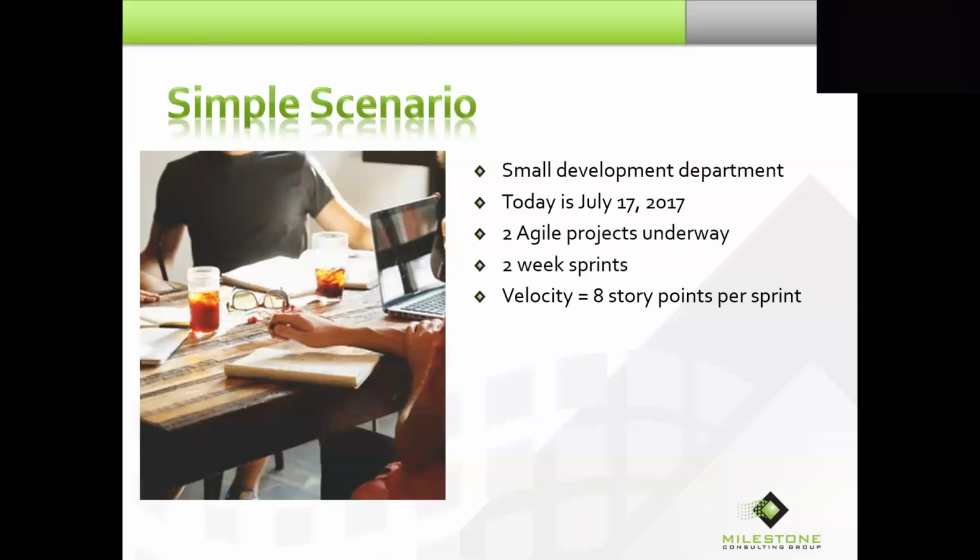We're using a velocity of 8 story points per sprint. Now, in real life, you might be using 3-week sprints or 4-week sprints. You might be doing 40, 50, 60 story points in any given sprint. But I wanted to keep the numbers very small, simply so that it doesn't get in the way of the education.